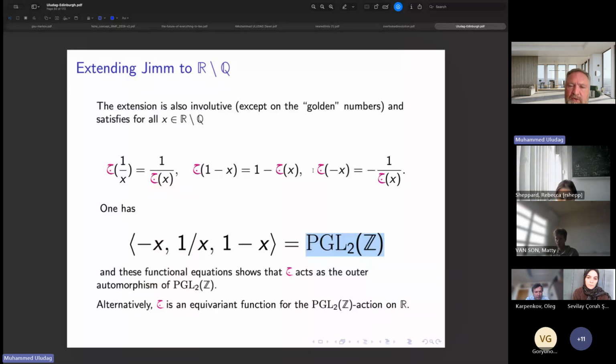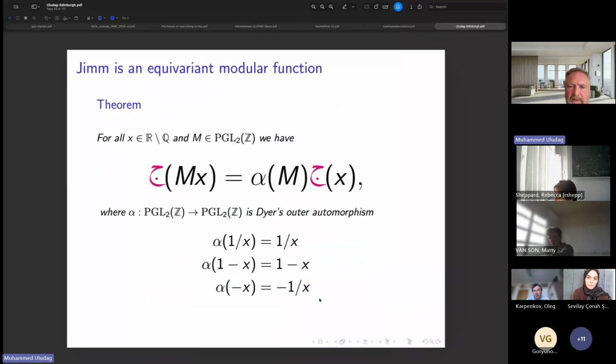And these functional equations, in fact, show that Jimm acts as an automorphism of the group PGL2Z. Alternatively, we can say that Jimm is an equivariant function for the PGL2Z action on R.